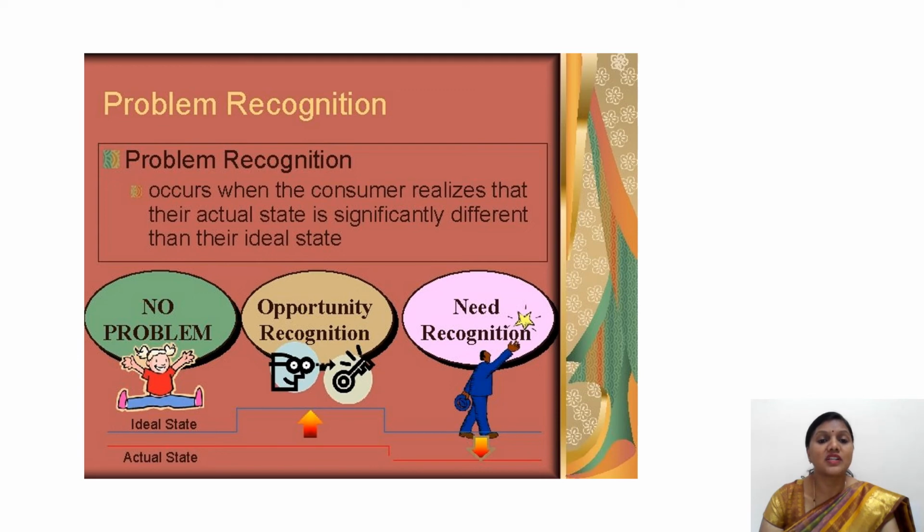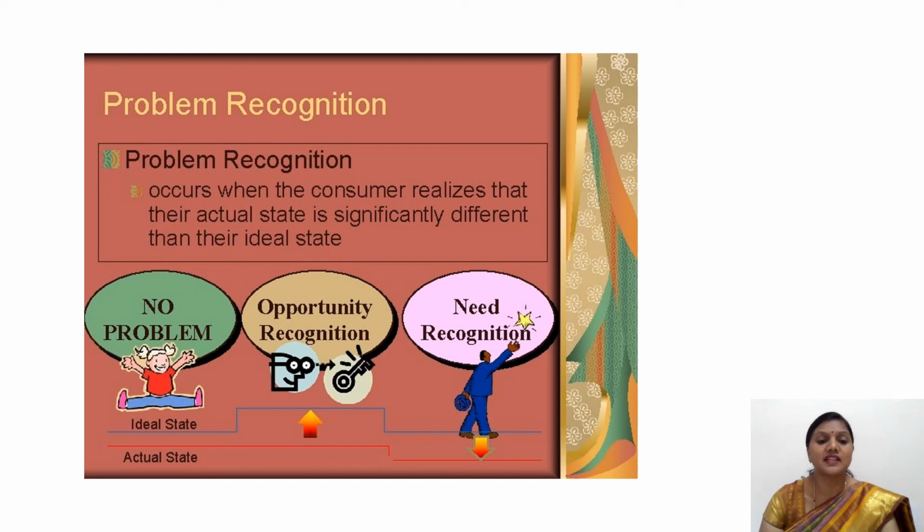Problem recognition occurs when the consumer realizes that their actual state is significantly different from their ideal state. You can see that the small boy has no problems because he is in the ideal state. Once he crosses the baby age, one or two years of age, he will start identifying some needs and it will turn into the actual state.